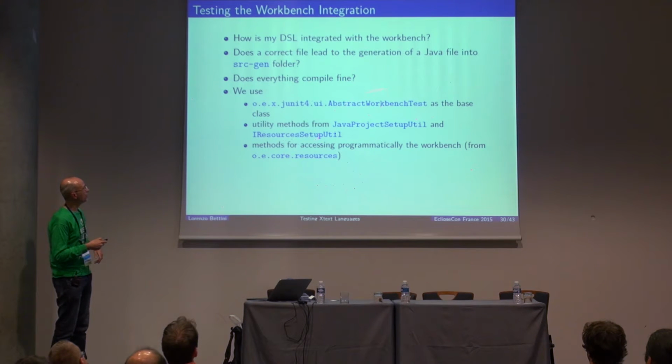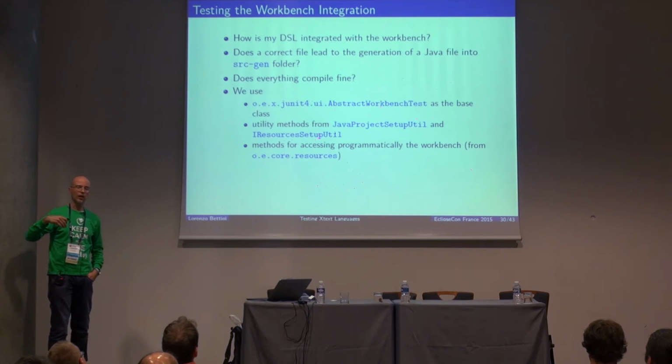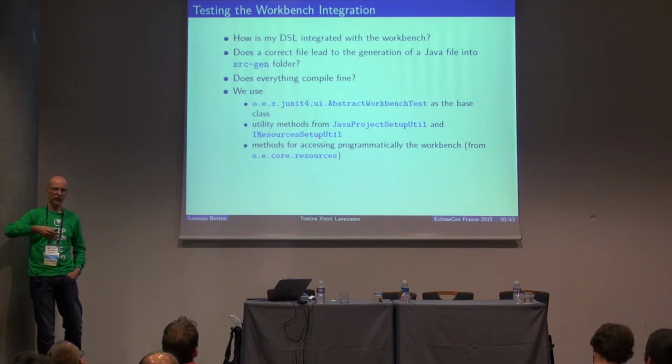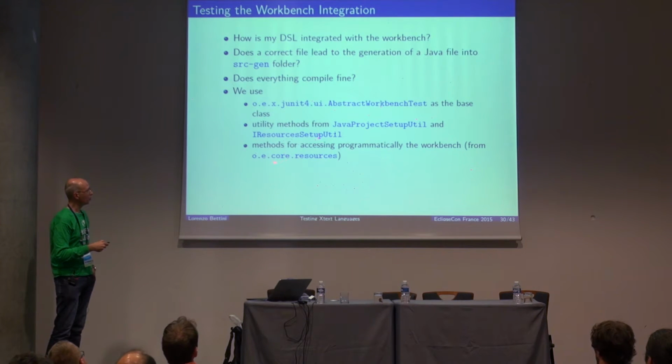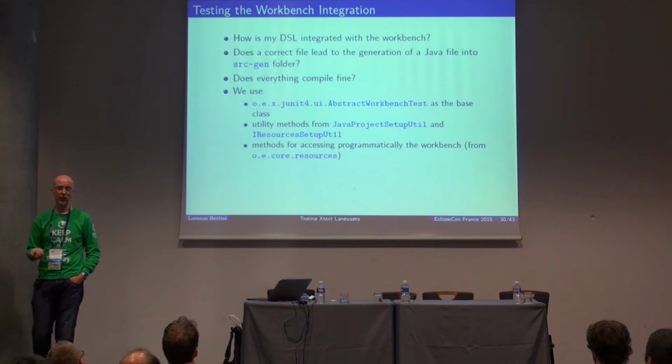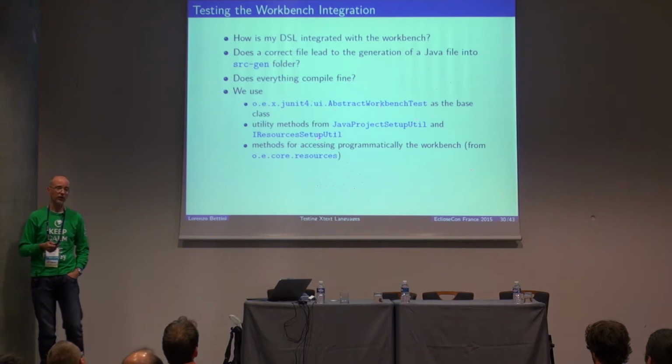I can use this class provided by Xtext, abstract workbench test, and Xtext also provides some nice utility classes to programmatically create projects in a workbench. And then I can also use the core resources standard methods for accessing the workbench.